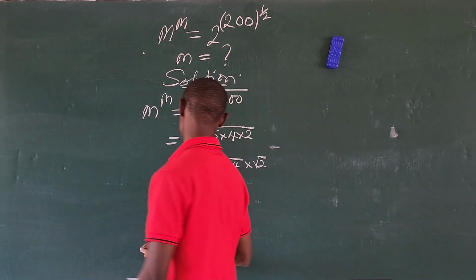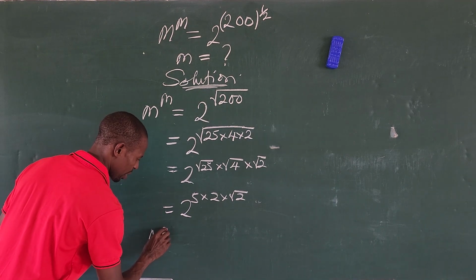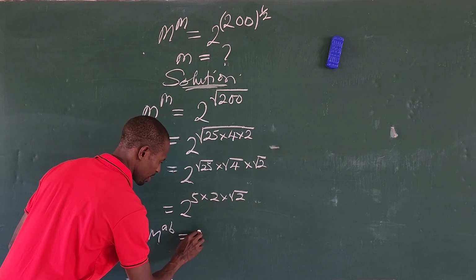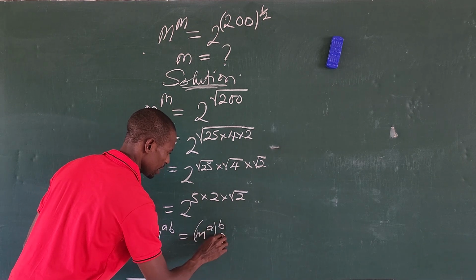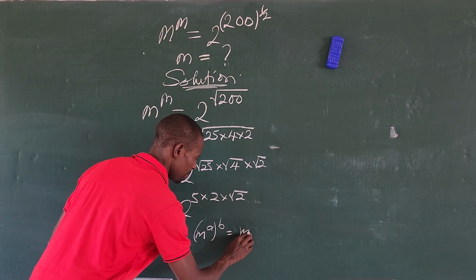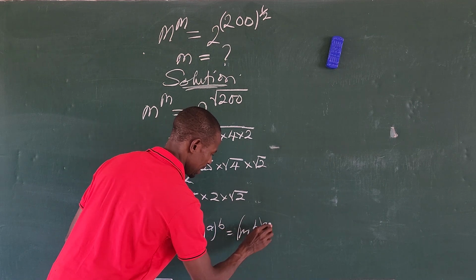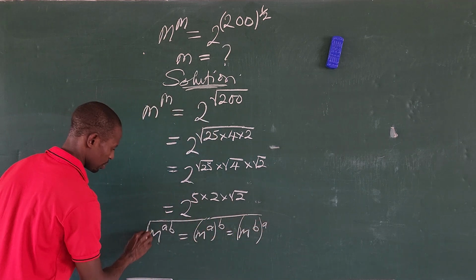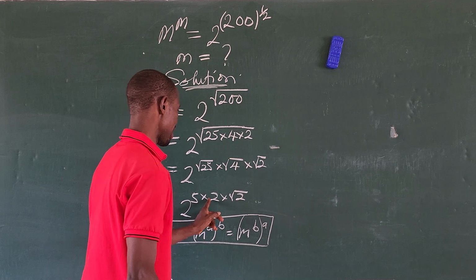Okay. Now we want to rewrite this expression. How? According to the law, if you have m to the power of a, b, this is the same thing as m to the power of a times b, which equals m to the power of b, in brackets, raised to a. So if we look at this rule, we can rewrite this expression.